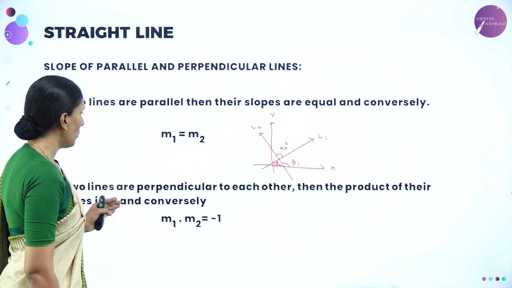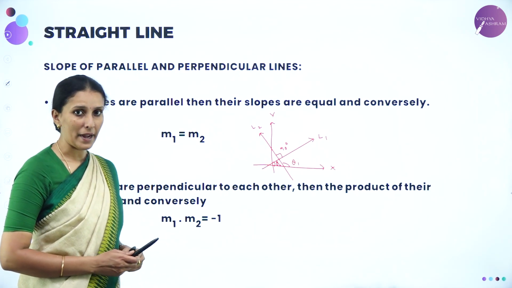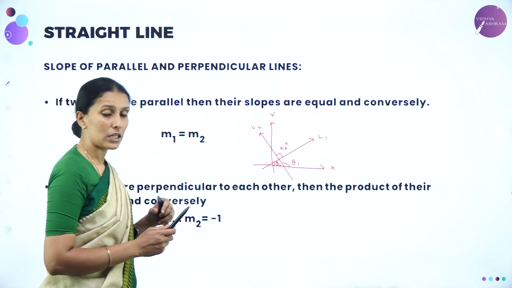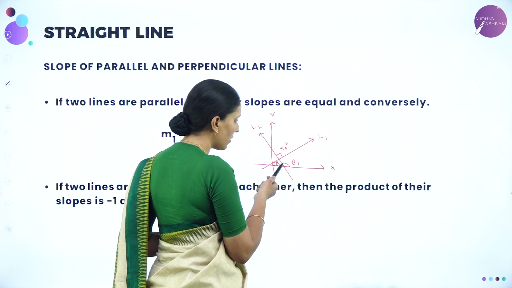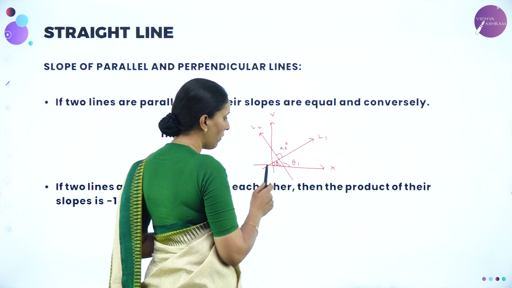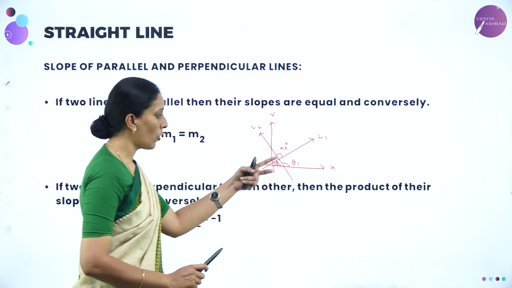If two lines are perpendicular to each other, then the product of their slopes is -1. Obviously, their inclinations are different, that is theta 1 and theta 2. By looking at the diagram, we can observe that theta 1 is an obtuse angle and theta 2 is an acute angle. So observing this figure, we can clearly say the slopes are different.